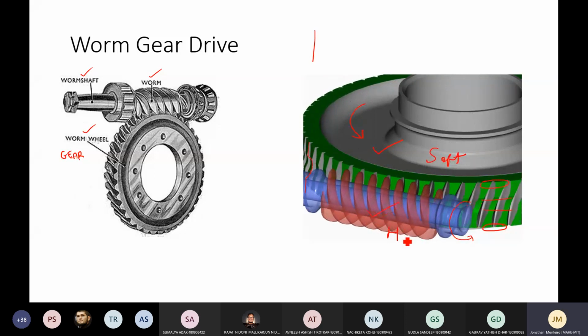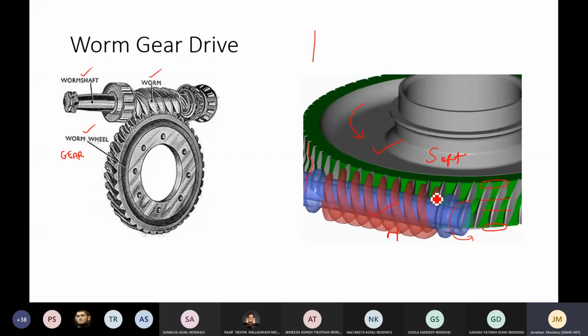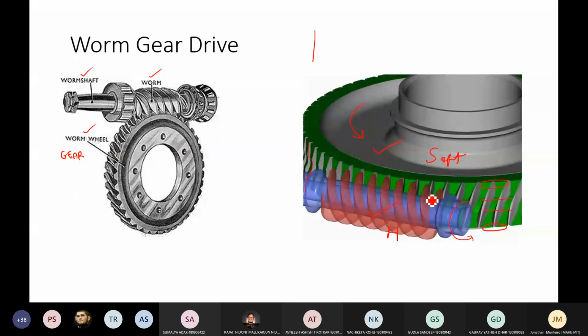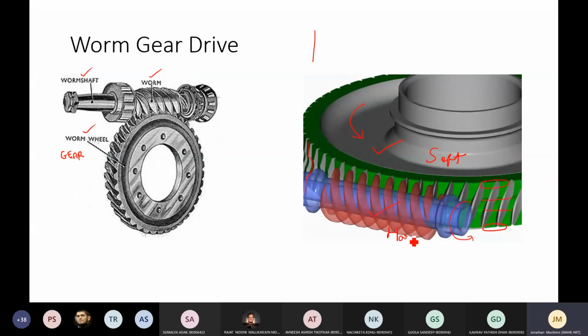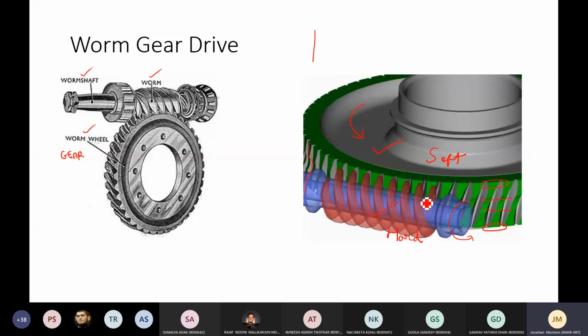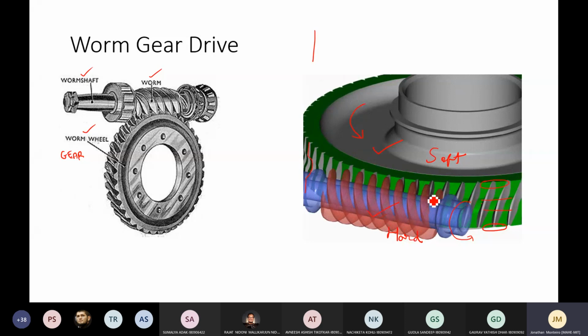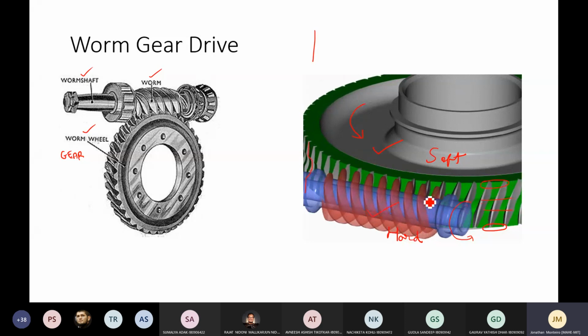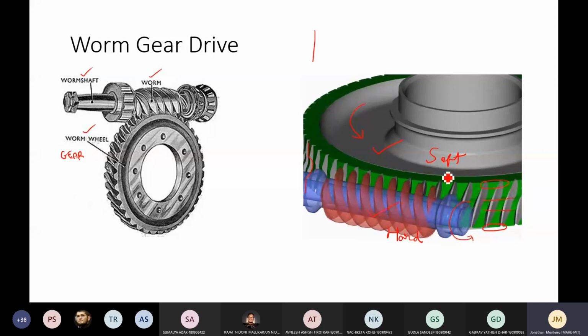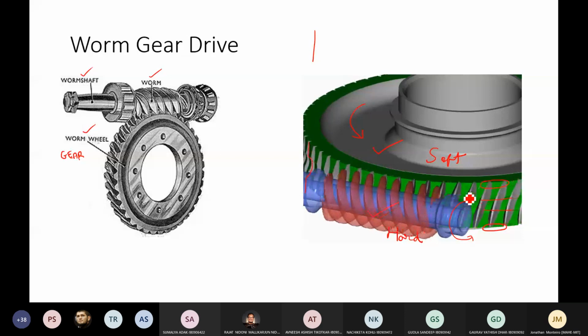The harder material will rotate and impinge its profile onto the softer material. You got the point? The harder material will naturally create a groove, creating an impression of it on the softer material. So that pair is going to be permanent. You just cannot remove this and put it onto a new worm gear.